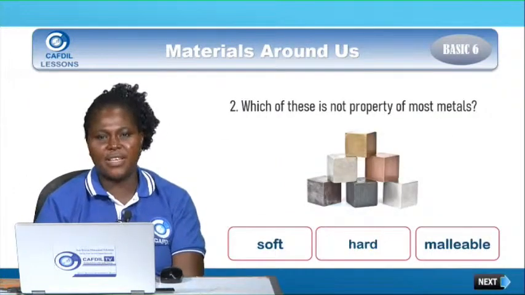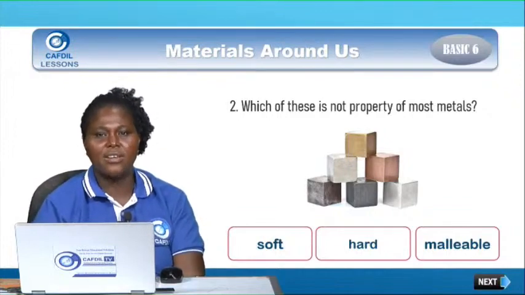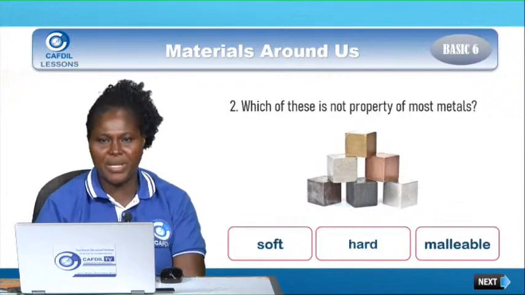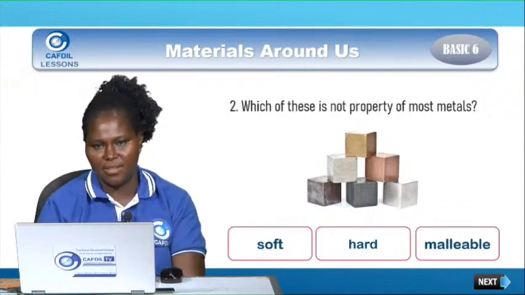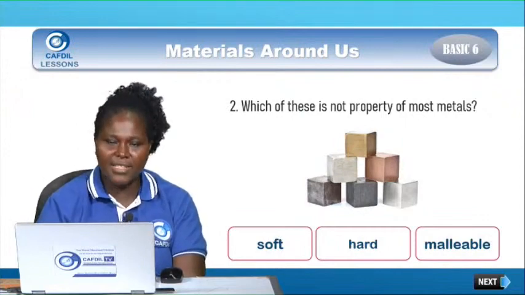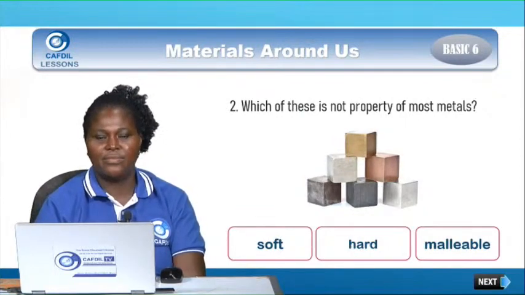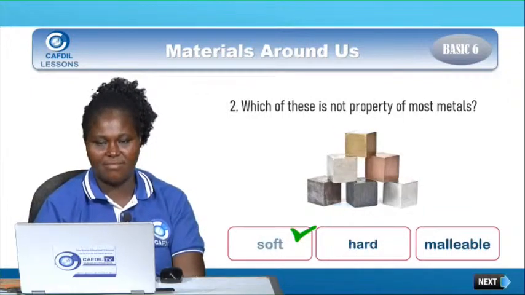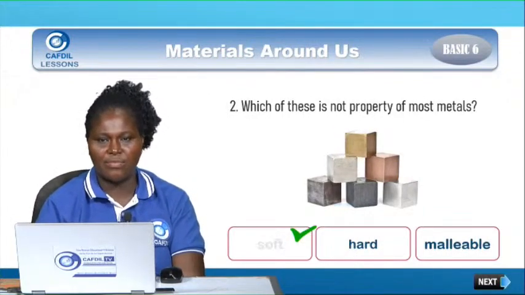Question number 2. Which of these is not a property of most metals? Soft, hard, or malleable? Good. Soft. So metals are hard and they are malleable.